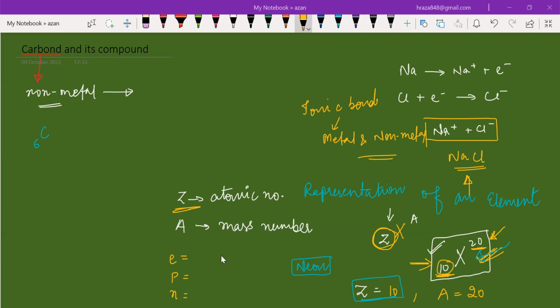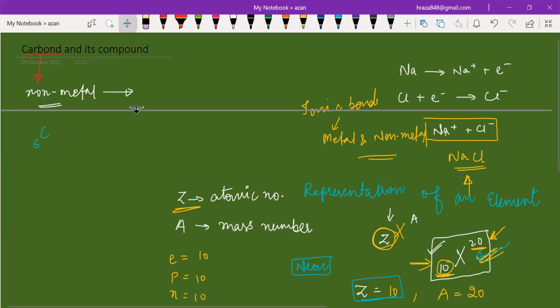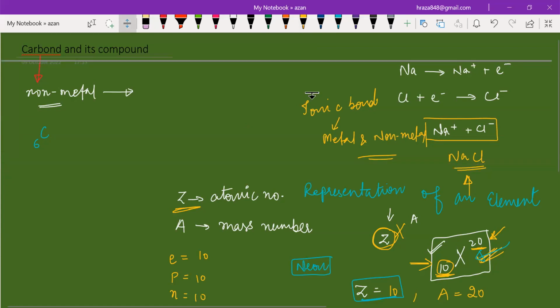Number of electrons is 10, number of protons is 10, number of neutrons is 10. Very good. So please write it. Then I'm going to ask some other questions.